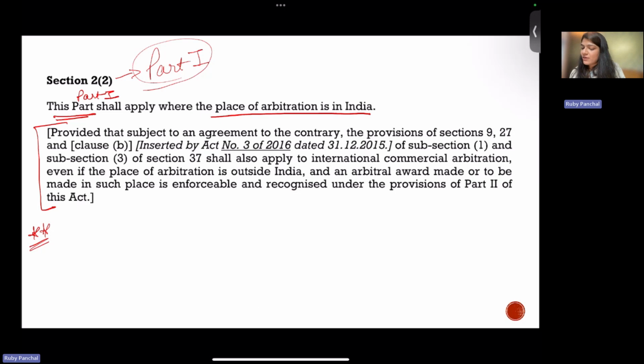It says, provided that subject to an agreement to the contrary, the provisions of Section 9, 27, 1B and 37 subsection 3 shall also apply.